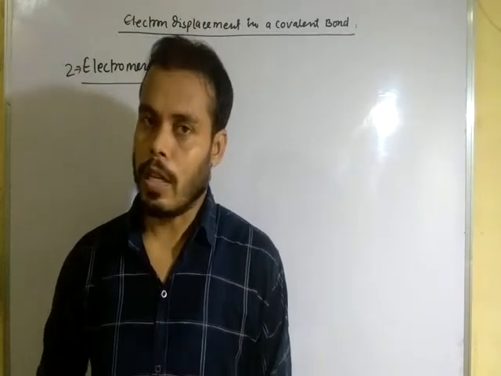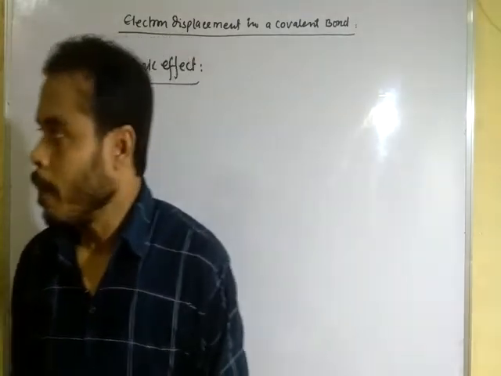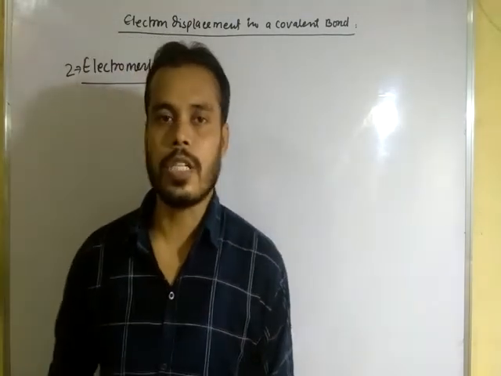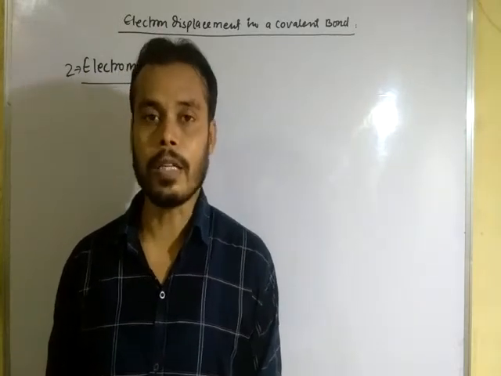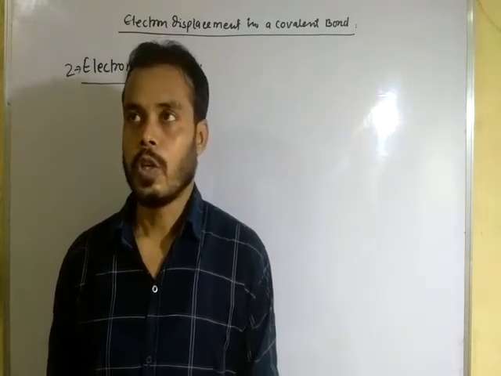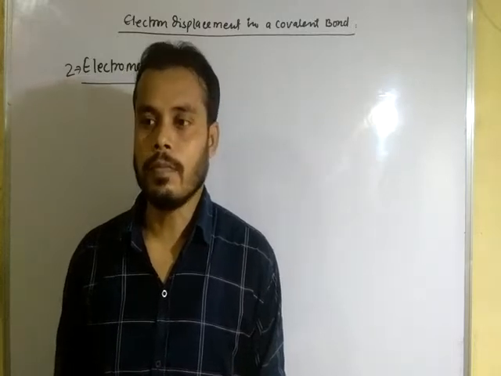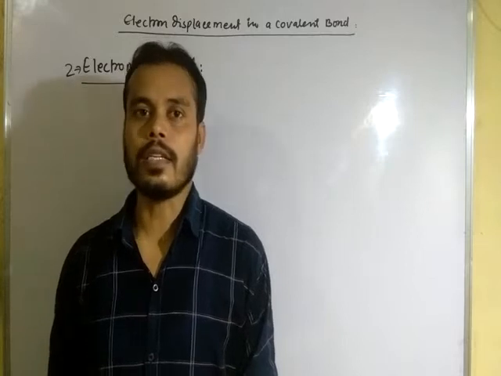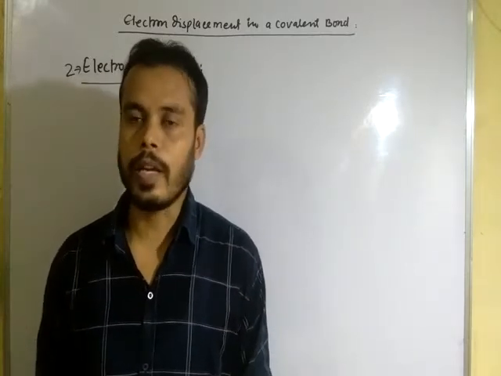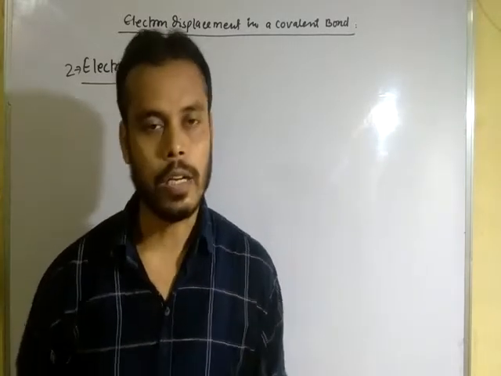Now the definition: the complete transfer of the shared pair of electrons of a multiple bond to one of the atoms in the presence of an attacking reagent is called the electromeric effect. Let us see the definition.